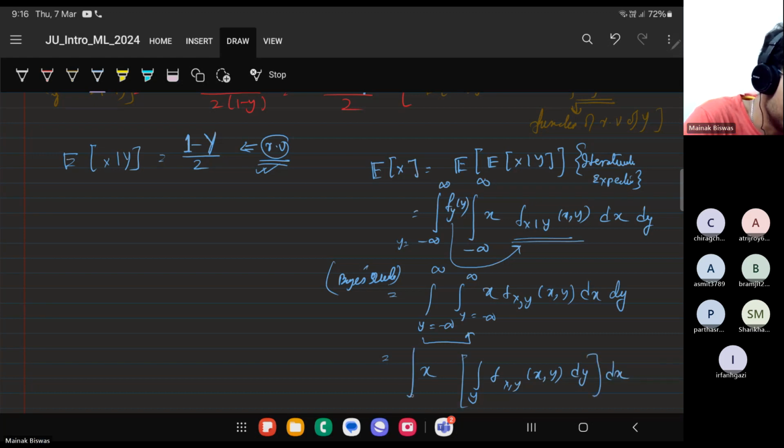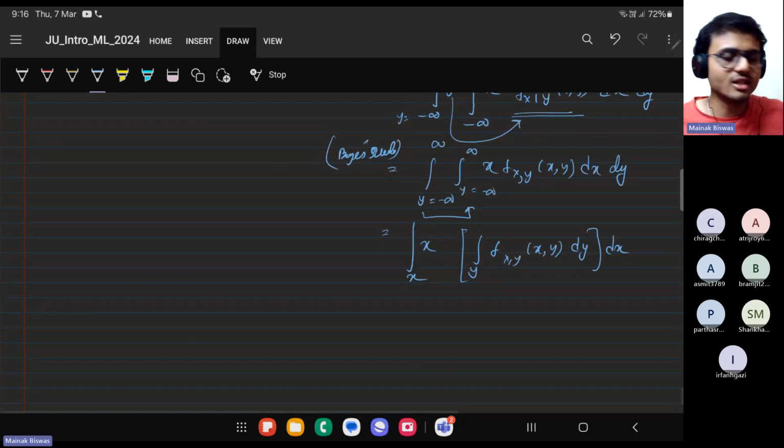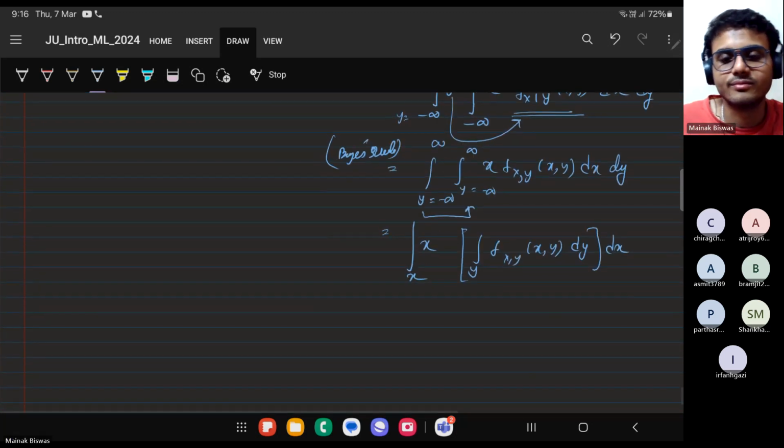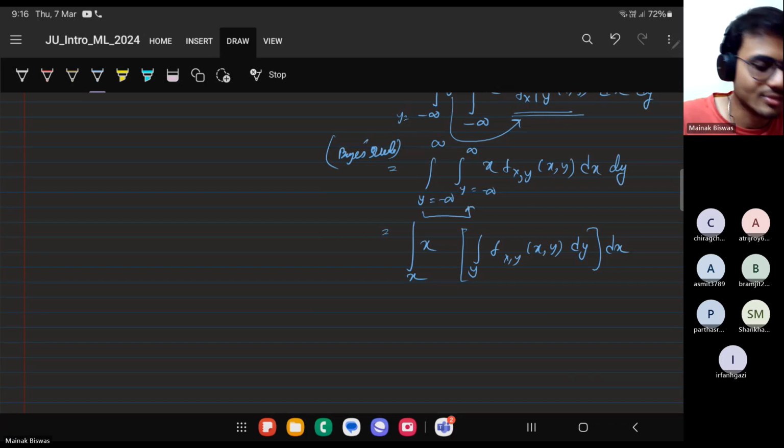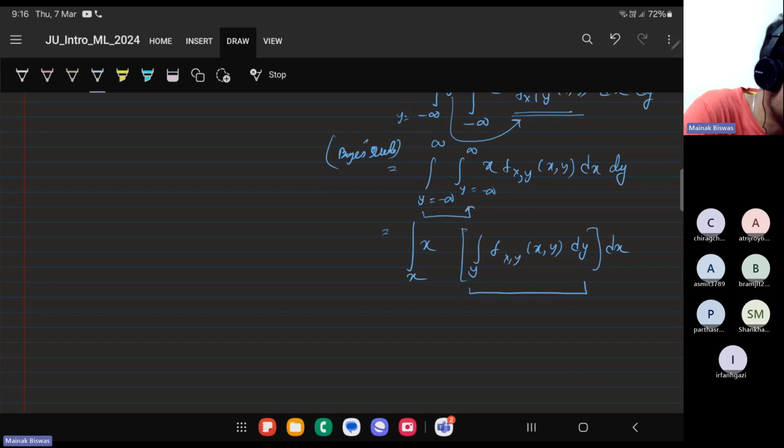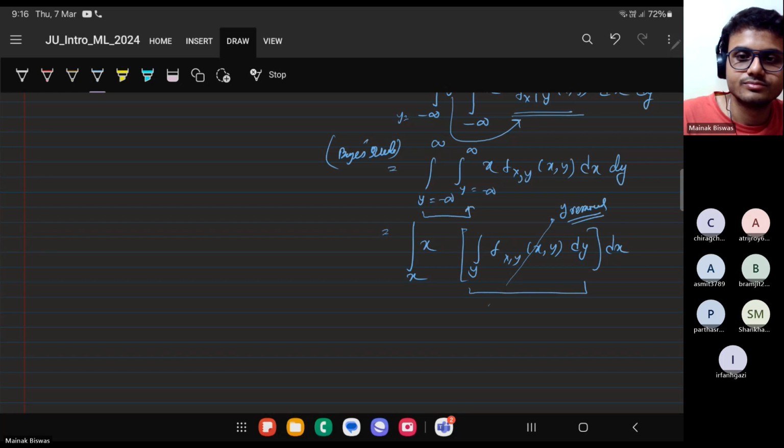Right? I just swapped the integral. I have not done anything else. So what will happen? Marginalize over y. So y will be removed. Correct? Yes or no?